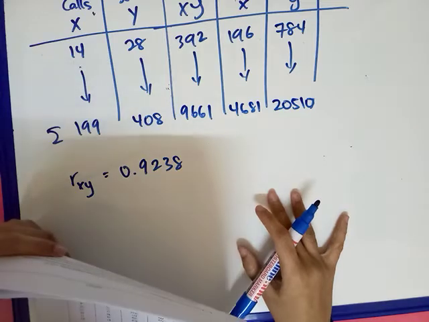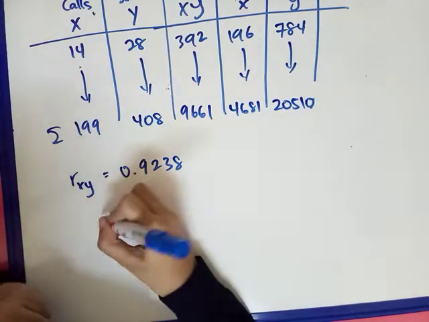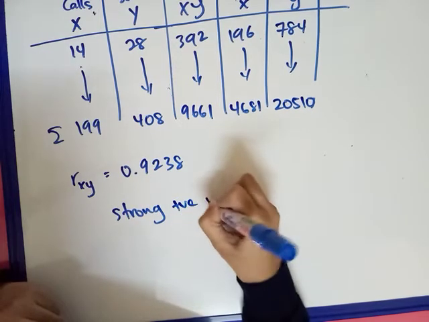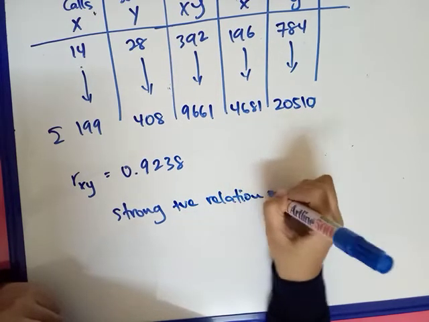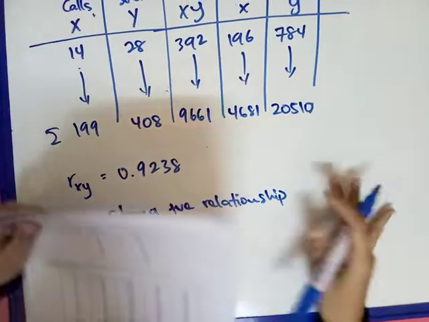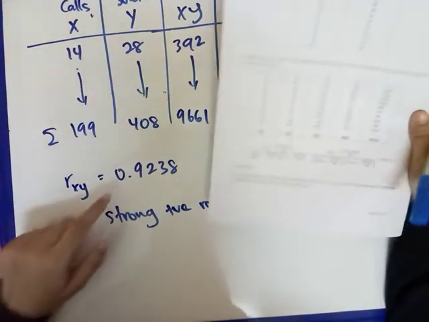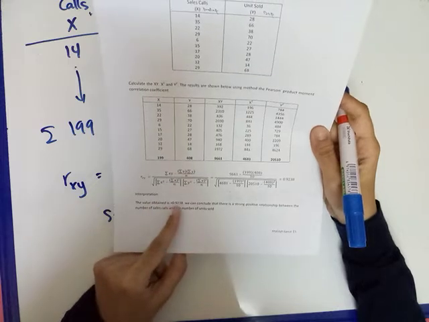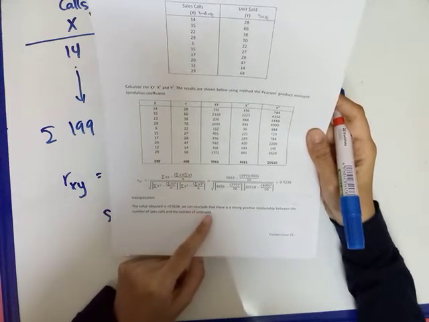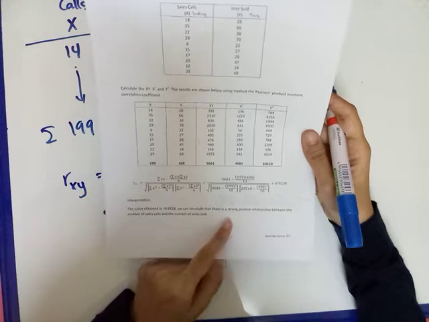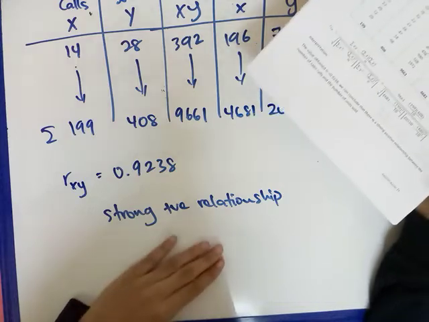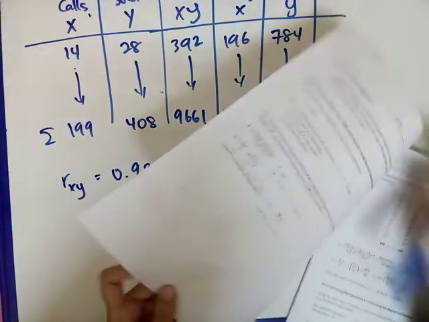It is a strong positive relationship. You have to mention it when you interpret. Looking at the solution below, the value obtained is 0.9238. We can conclude that there is a strong positive relationship between the number of sales calls and the number of units sold. Do you understand the concept of finding the correlation coefficient?